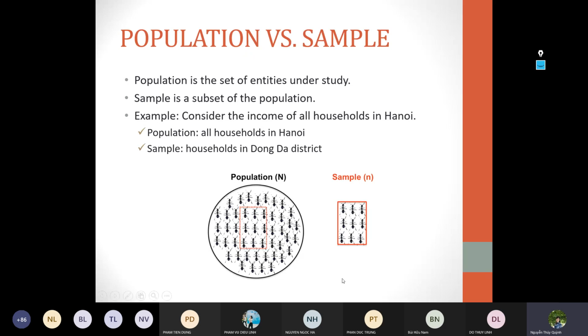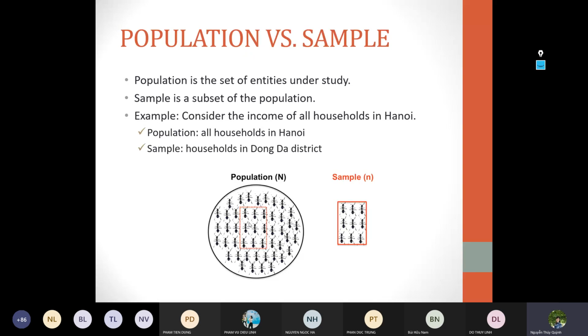For example, if this circle is our population, then some observations from the population will form a sample. You can also take some other observations, and those will be another sample. So from one population, you can take various samples.